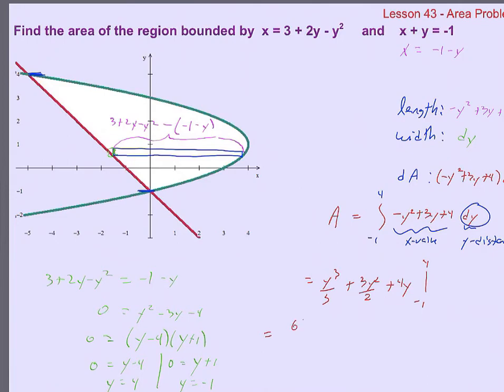4 cubed over 3 plus 3 times 4 squared over 2 plus 4 times 4 minus, and it's not a 0 here, so I actually have to do the math, negative 1 cubed over 3. In this case, the negative 1 is going to be squared, so it doesn't matter.